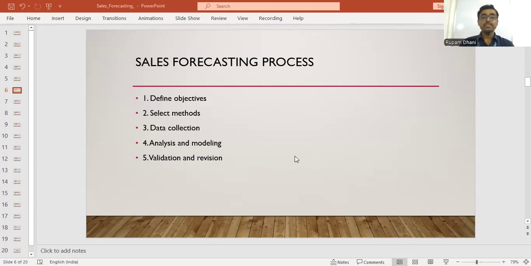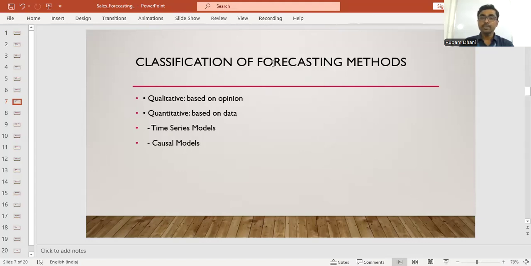So the next part is the classification of forecasting methods. As I already told in the earlier slide about the different processes, there I mentioned the different forecasting methods. The classification of forecasting methods is basically in two categories. One is qualitative methods, which are primarily based on opinions, judgments, and subjective assessments, and the other is quantitative methods, which rely on historical data and mathematical models.